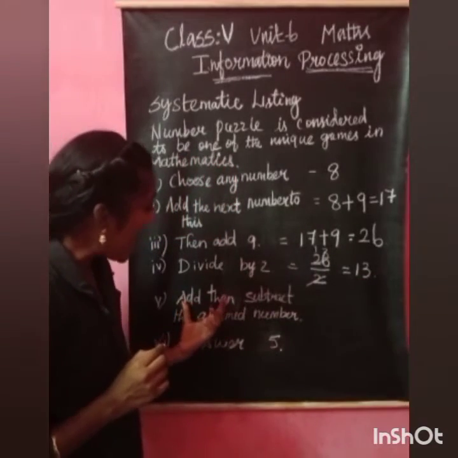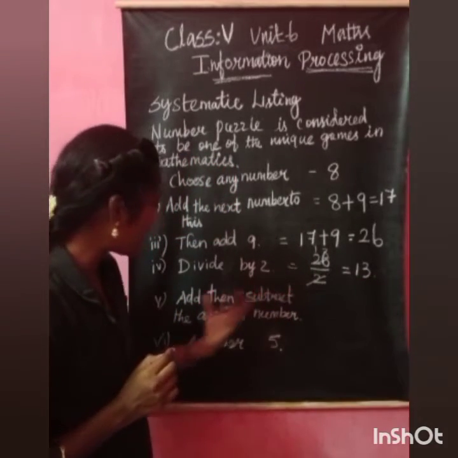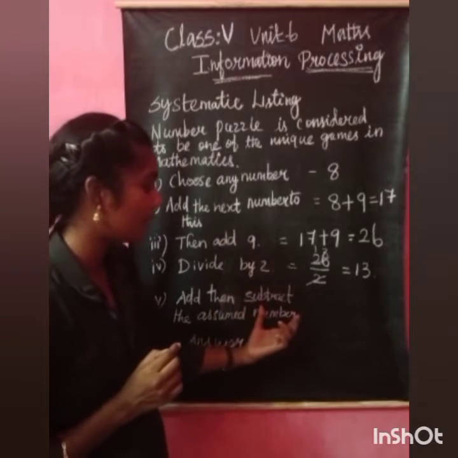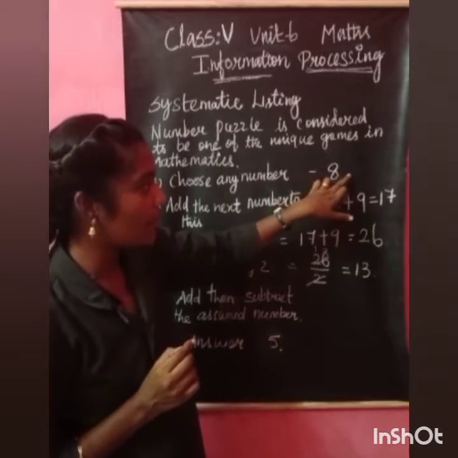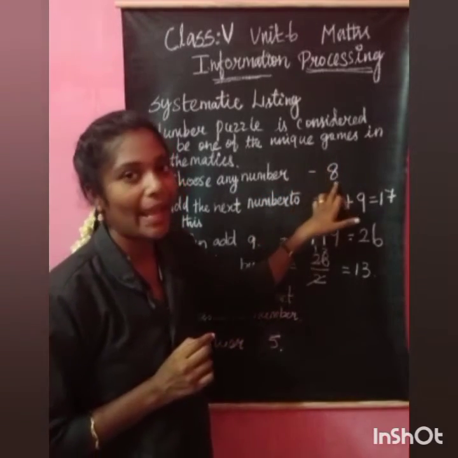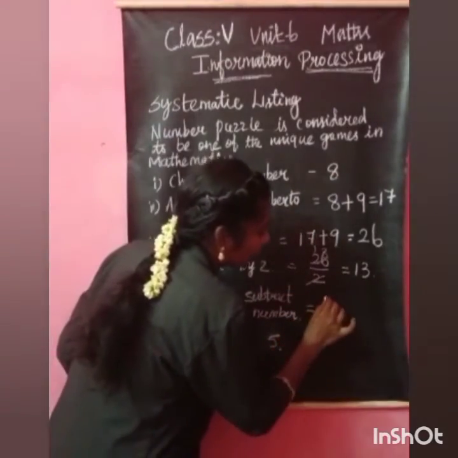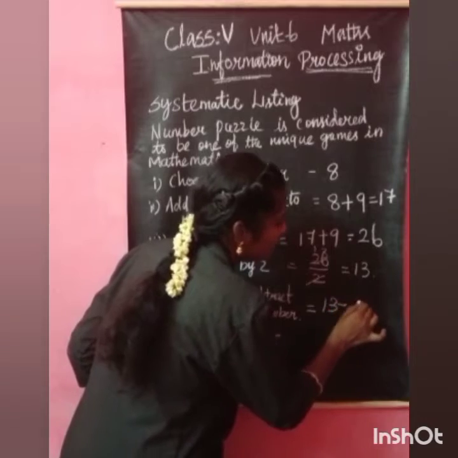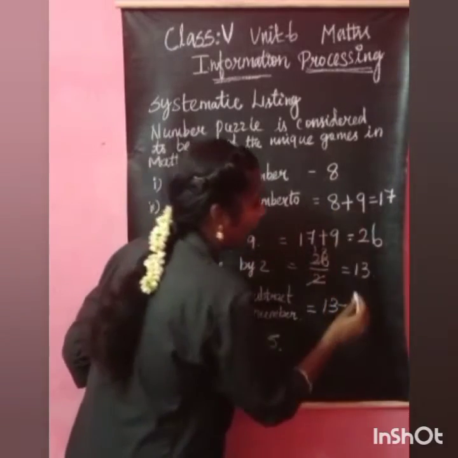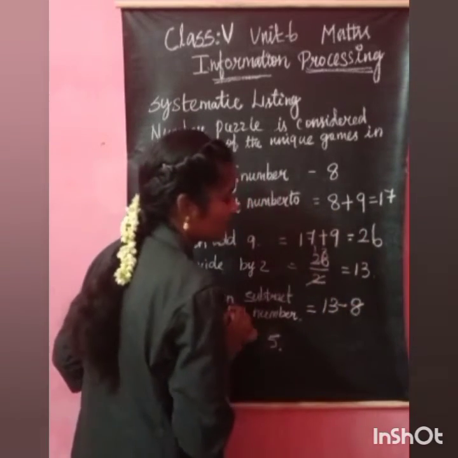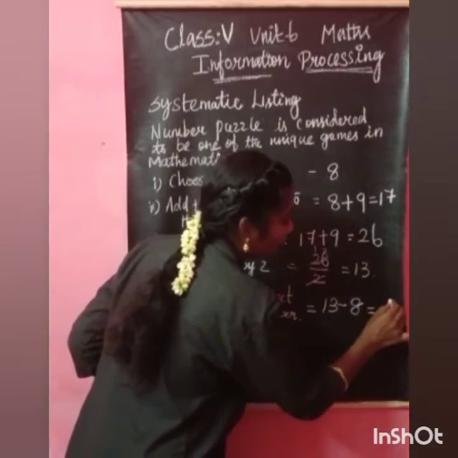Next step, subtract the assumed number. What is the assumed number? The assumed number is 8. So 13 minus the assumed number 8 is what? 5.